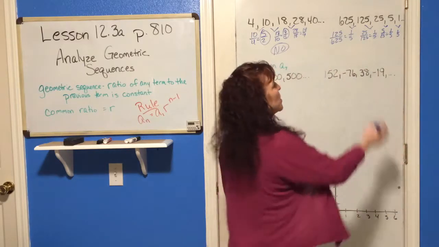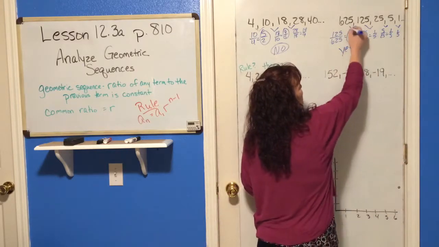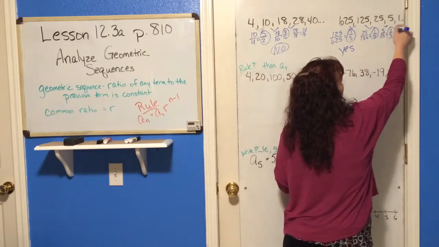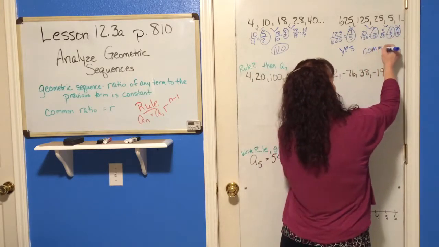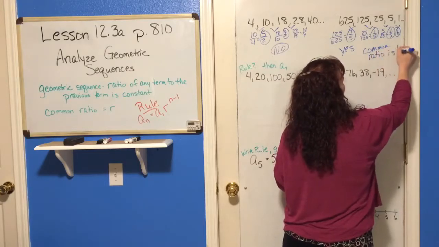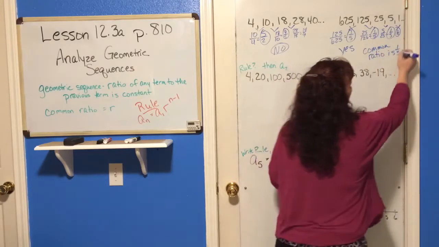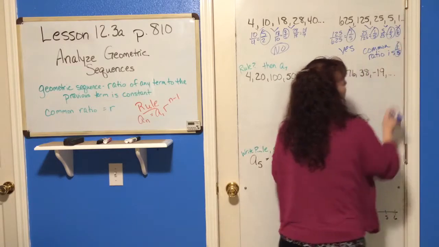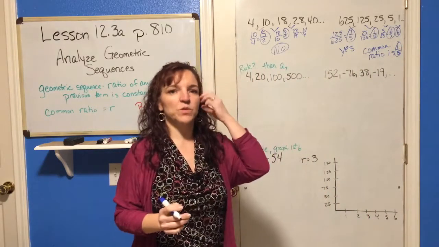Yes, so this one is geometric, and it's because there is a common ratio. And the common ratio is 1 over 5. So the reason is the common ratio is 1/5.